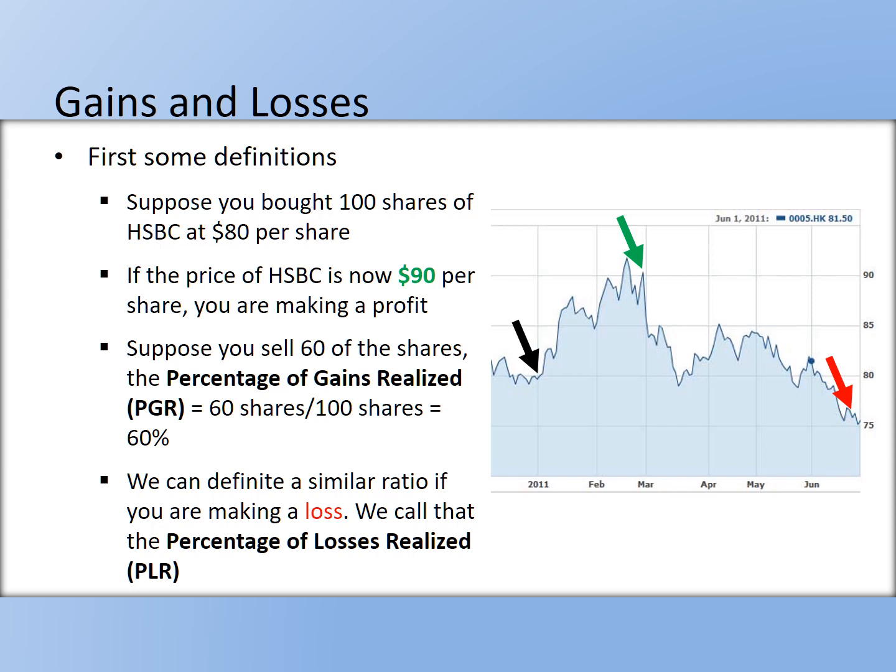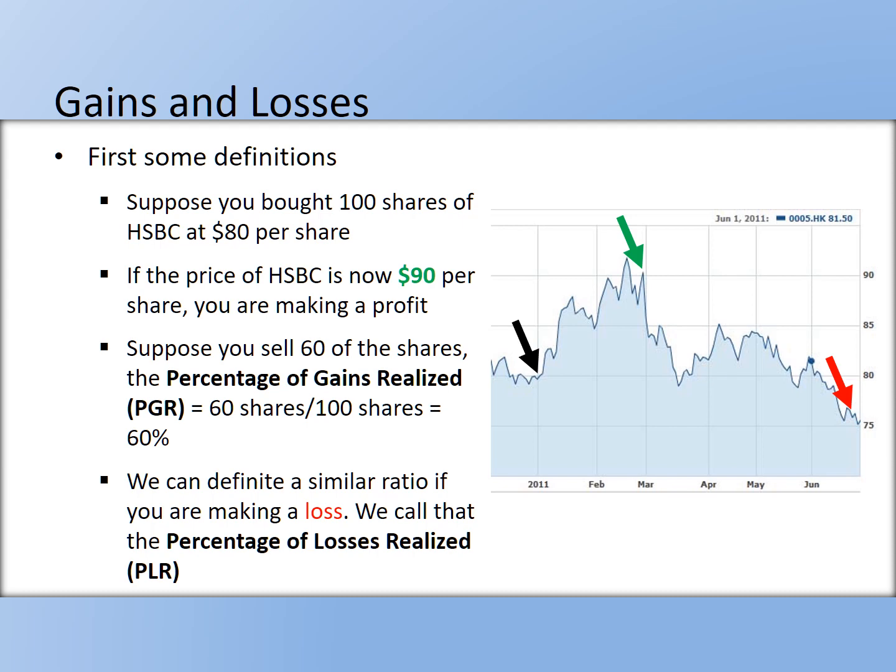So there are multiple ways you can try to account for that. Some use averages, right? If you buy 100 shares at 80, 100 shares at 85, then the average is 82.5. In that case, selling at 82 will be making a loss. In some other cases, you might want to use first in, first out. So you would consider you're selling the shares you purchased first. So there are multiple ways you can approach that problem.